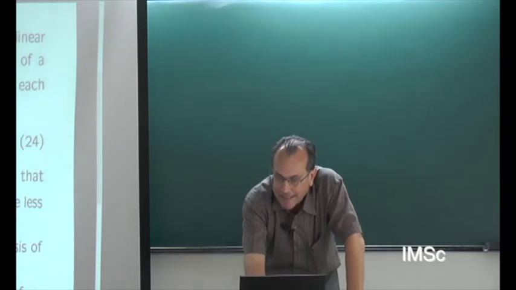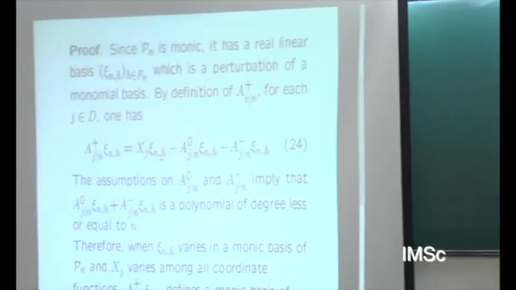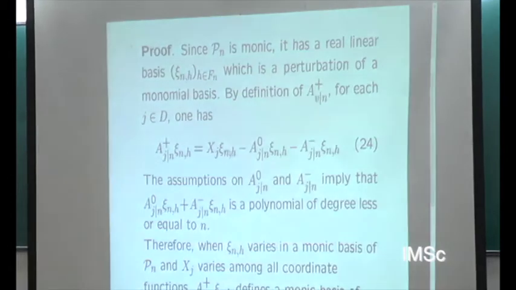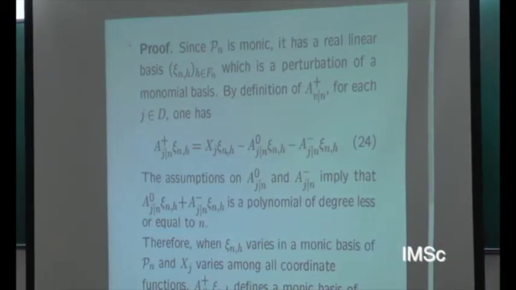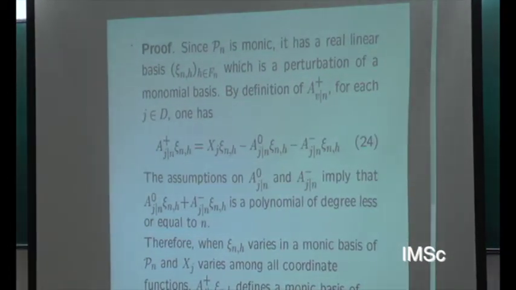So this Xi_h is an element of the monomial basis. By definition, the creator will bring this vector into these vectors. However, by assumption, this is a polynomial of degree how much?